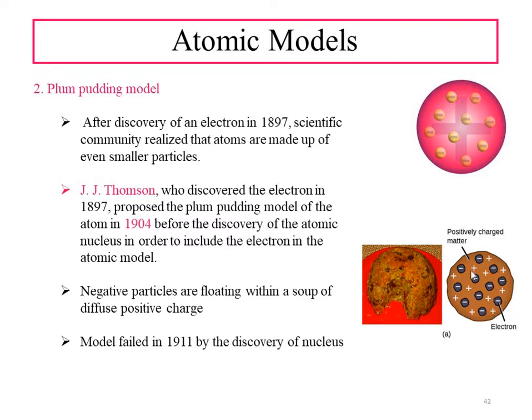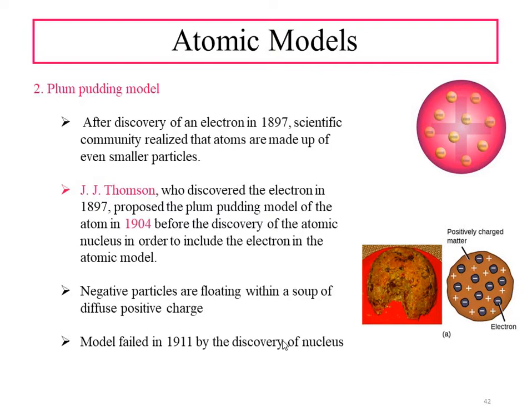So it just looks like a plum pudding cake. Negative particles are floating within a soup of diffuse positive charge. The positive charge is everywhere, and electrons are just floating in it.